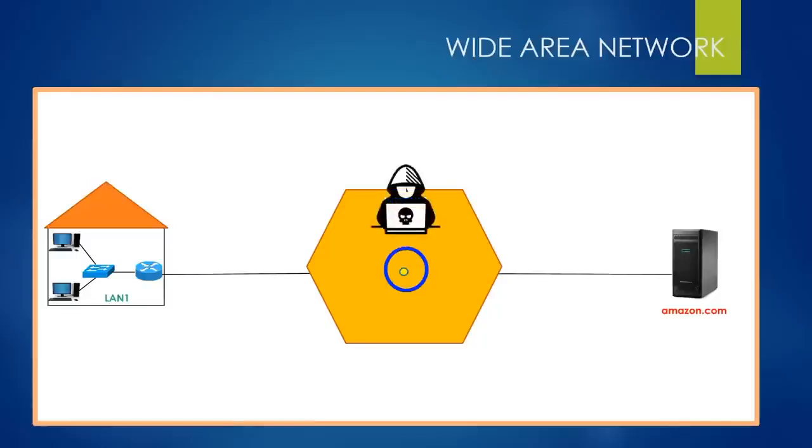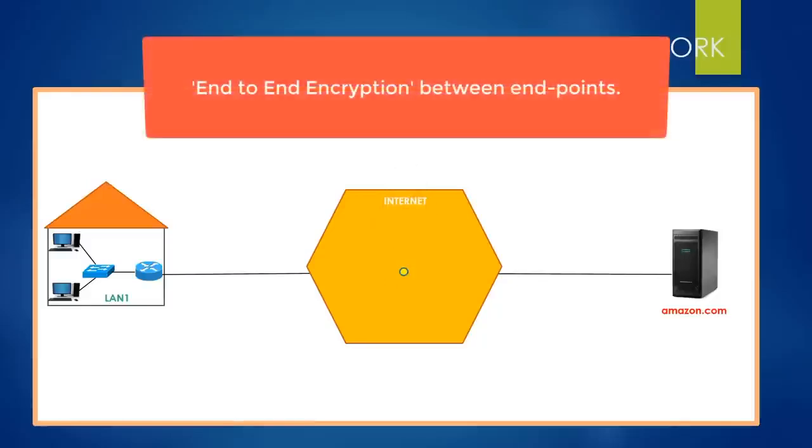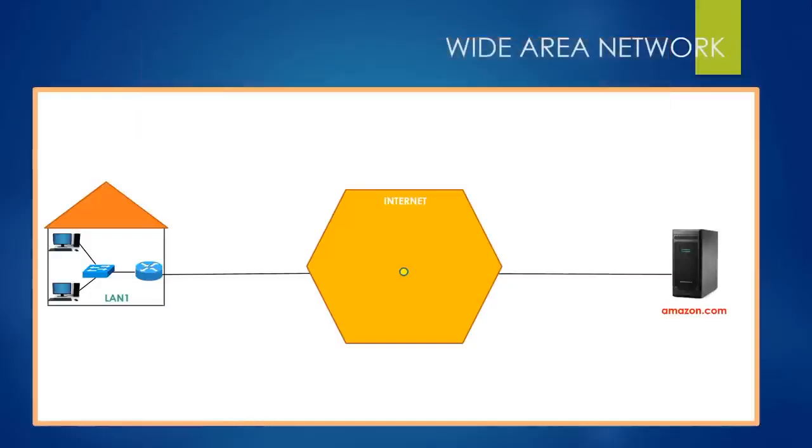As a solution to this, an end-to-end encryption method is used between our computer and the destination server. And since the packet is encrypted, nobody from the outside can see the information about our credit card except the server of Amazon.com. This is the main logic behind end-to-end encryption. Only the endpoints can decrypt the packet and obtain the original data, okay?